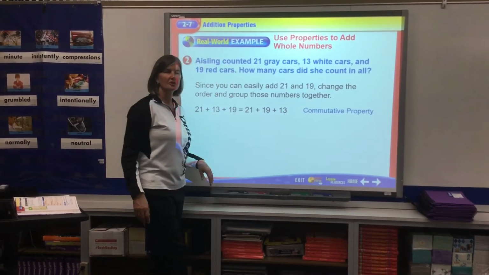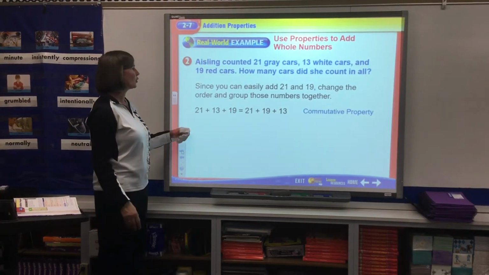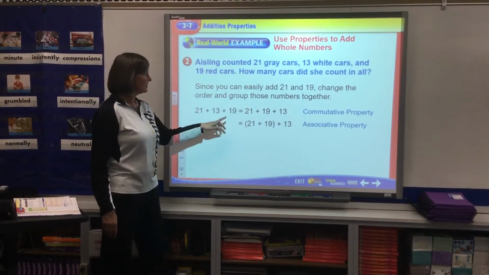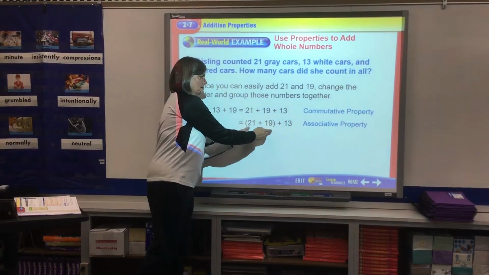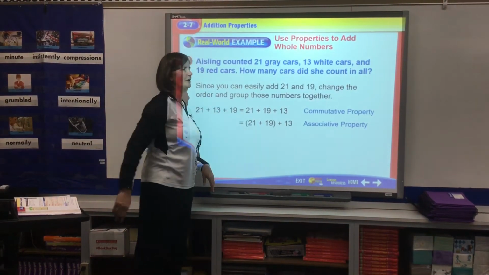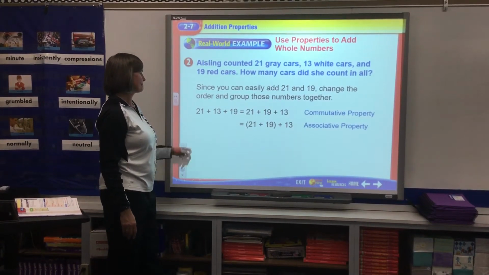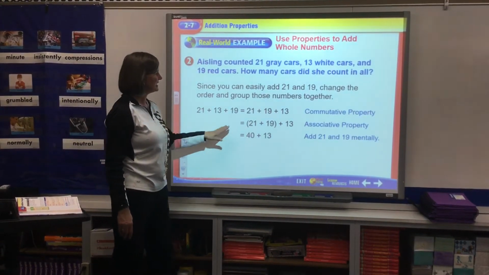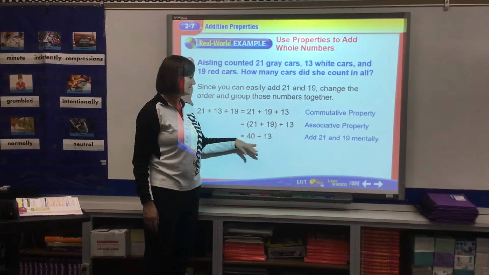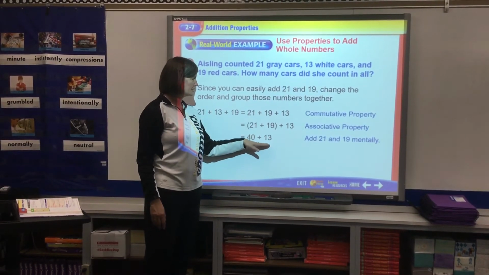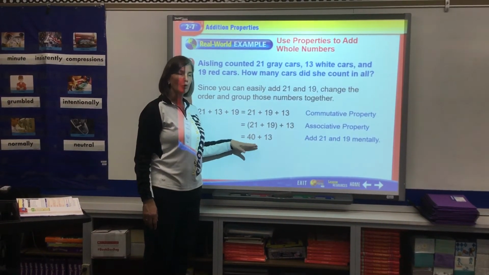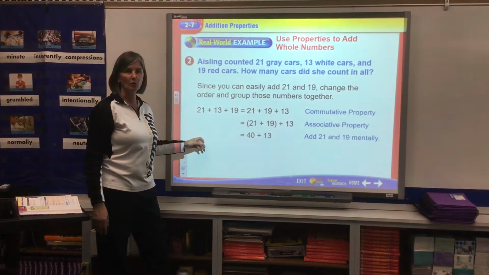That is the commutative property when you change the order. Next, they put these in parentheses, and once you add those parentheses in, that is the associative property. And then you can easily add 21 plus 19 is 40. Then you add in the 13, and I'm doing this mentally. 40 plus 13 would equal 53.